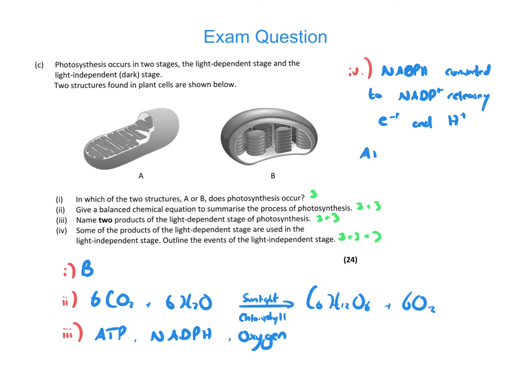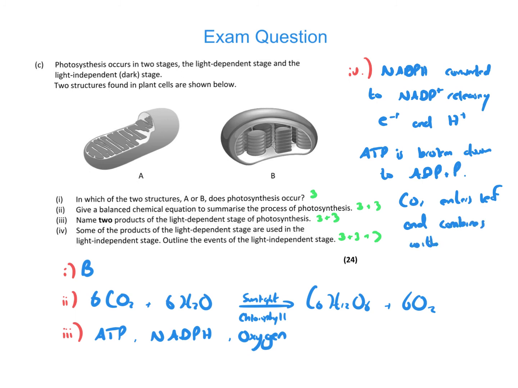We have that ATP is broken down to ADP and P. CO2 enters the leaf and combines with the electrons and the H pluses to form glucose. Okay, so we probably had 4 or 5 points there in the end. Write down as much as you know about that and you'll pick up your marks.